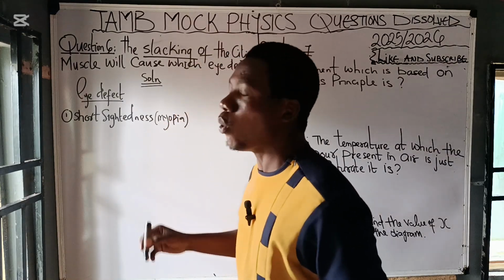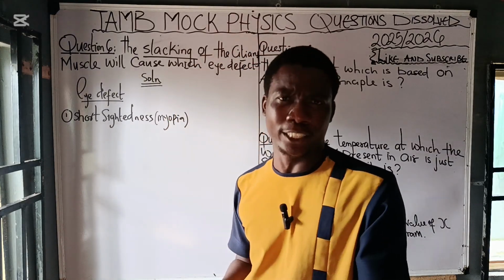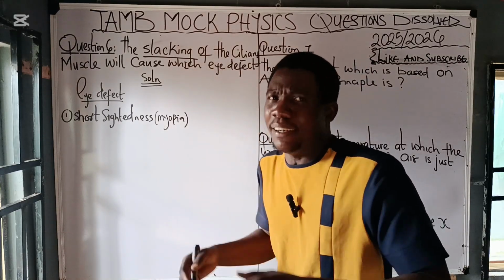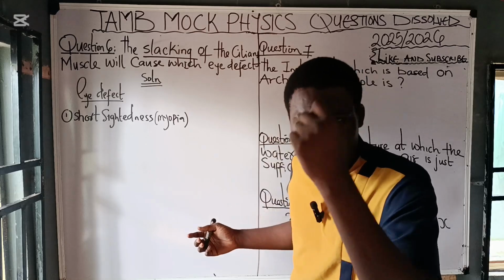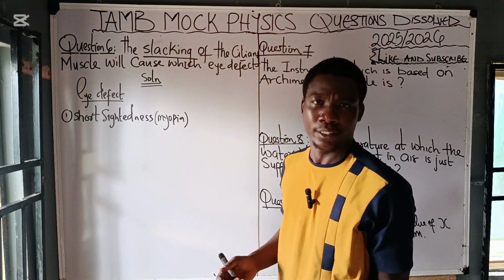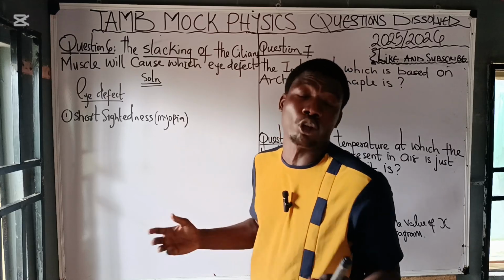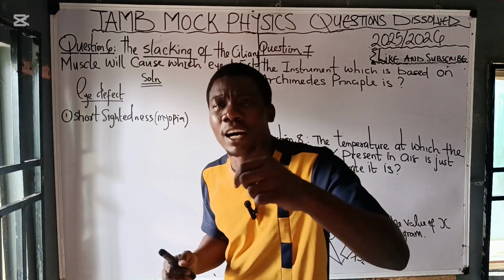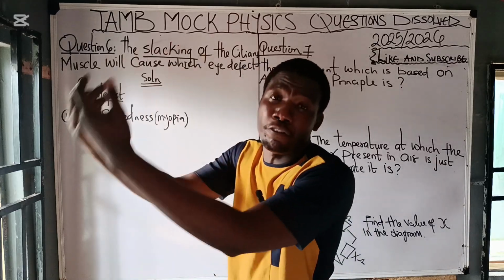Yes, myopia. What is the cause of short-sightedness? Because now, if this one comes out in mock exam, there is every tendency that you might come across a short-sightedness problem in your exam. Do you understand? Yes. They might say, which of this is the cause of short-sightedness? Now, what does short-sightedness mean? It means that the person can only see near objects but cannot see far objects.